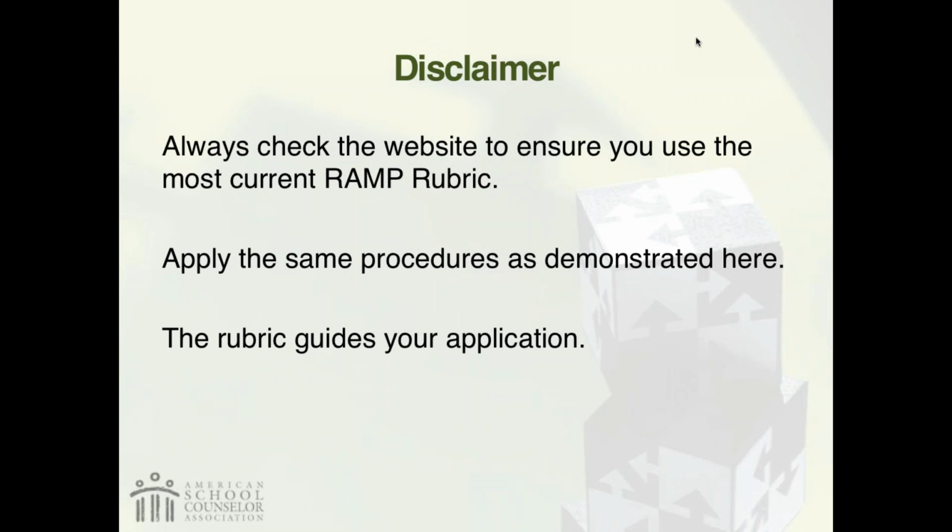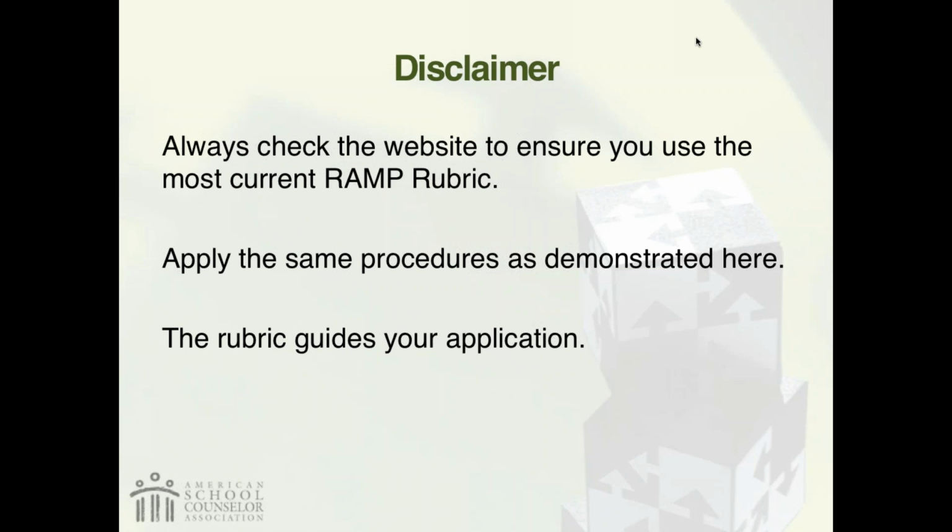We want to do some disclaimers at the beginning here. We want to encourage you to always make sure you're using the latest version of the RAMP rubric. It does get tweaked now and then, and we want to make sure that you have that latest version. The tweaks are small sometimes, but important.